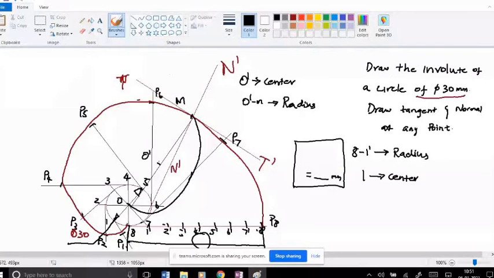Any doubts in this? Sir, should we write the calculation with a 2H pencil? No, HB pencil. I always remember this: any text inside the drawing sheet should be done with HB pencil, irrespective of its position. Sir, the generating circle should be with 2H pencil?